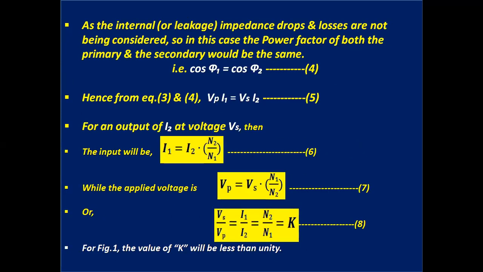As the internal or leakage impedance drops and losses are not considered, the power factor of both the primary as well as the secondary would be the same. That is cos phi 1 equals cos phi 2. Hence, from equations 3 and 4, Vp I1 equals Vs I2.